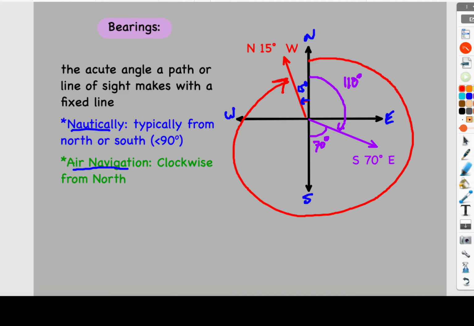So that angle would have been 360 degrees minus that 15, or basically 345 degrees clockwise from north. In many air navigation problems, they may just be measuring from north all the way around the circle to wherever you want to stop. We shouldn't go greater than 360 degrees, because if we go past north, then we should just measure the small angle there.